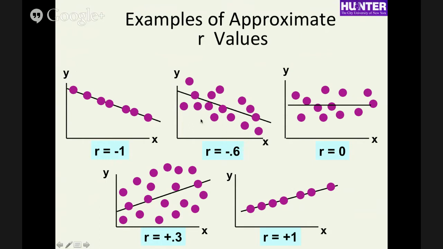On the other hand, if there's some scatter around that line, then it's no longer a correlation of 1. In this case, a correlation of -0.6. In this case, where the best fit line is approximately horizontal, there's a correlation coefficient of 0. And on the other hand, if your best fit line has a positive slope, that's a positive correlation coefficient. And if there's no noise at all around that line, that's a correlation coefficient of 1.